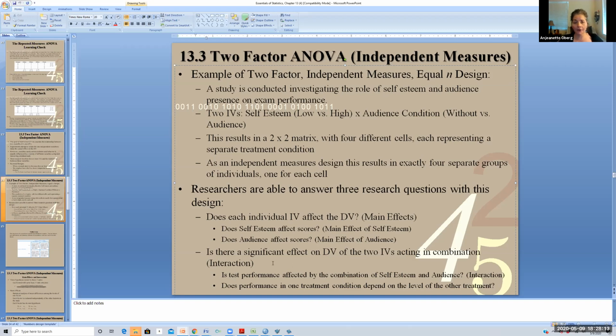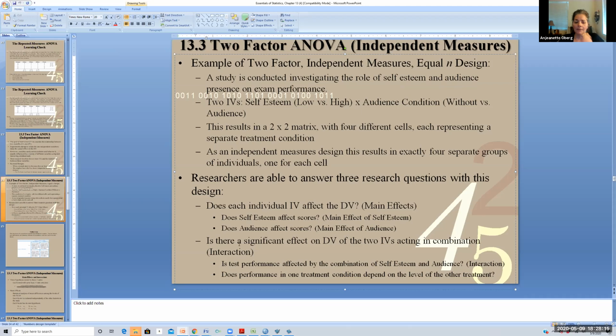And then finally, our third question is there a significant effect on the DV of the two IVs acting in combination? Or is there a significant interaction between those two IVs? So we are asking, is test performance affected by the combination of self-esteem and audience? Or does performance in one treatment condition depend on the level of the other treatment?